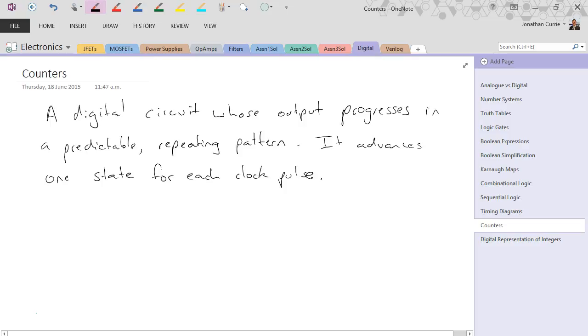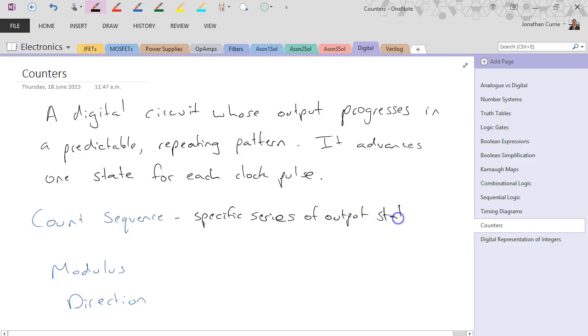When we talk about counters, we talk about the count sequence, and the modulus, and the direction. The count sequence is the specific series of output states through which a counter progresses.